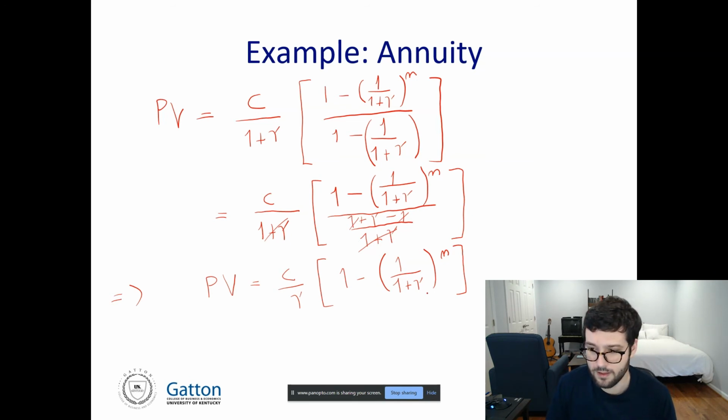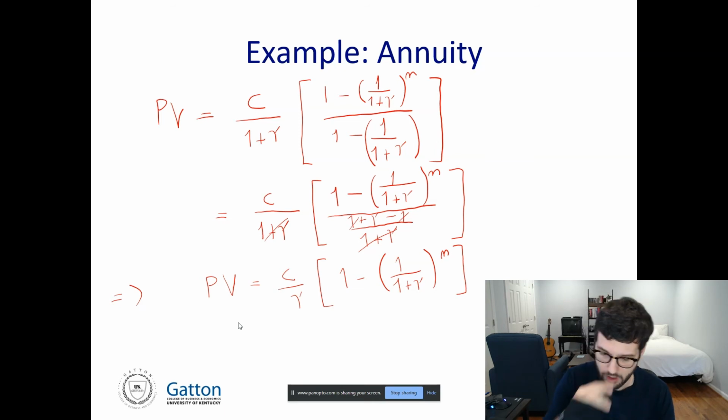And this is the formula for the present value of any annuity. In other terms, every time you have a security paying a constant cash flow of C for n periods, where the first payment is 1 period from now, this is the formula that you have to apply.